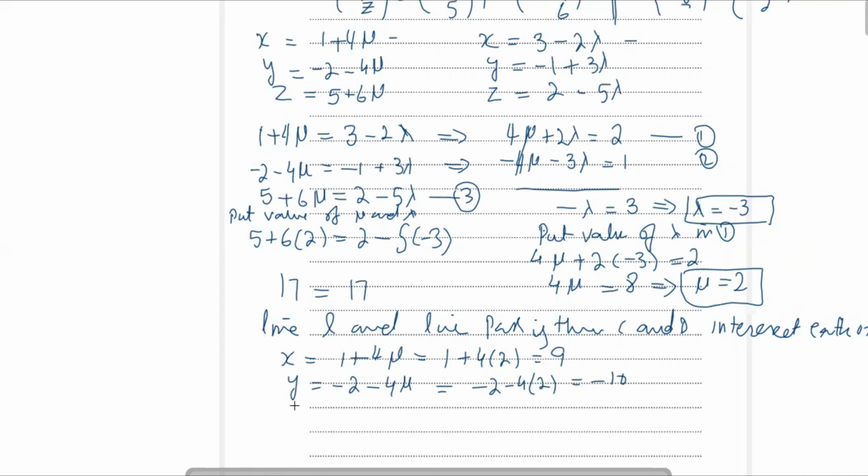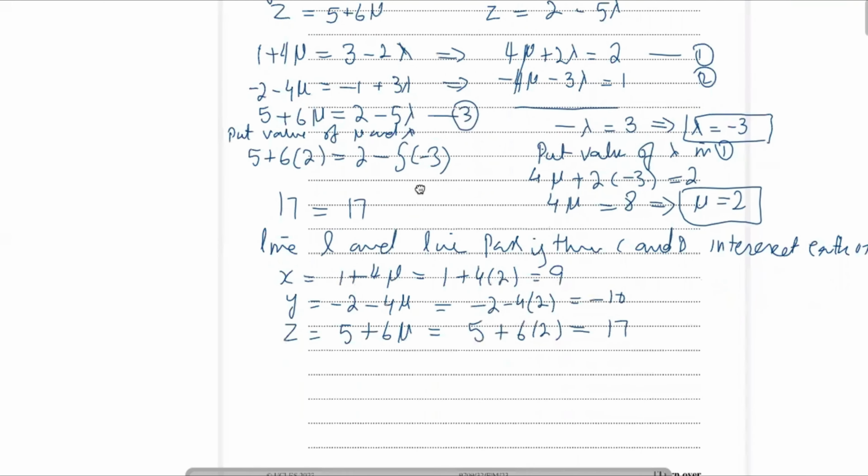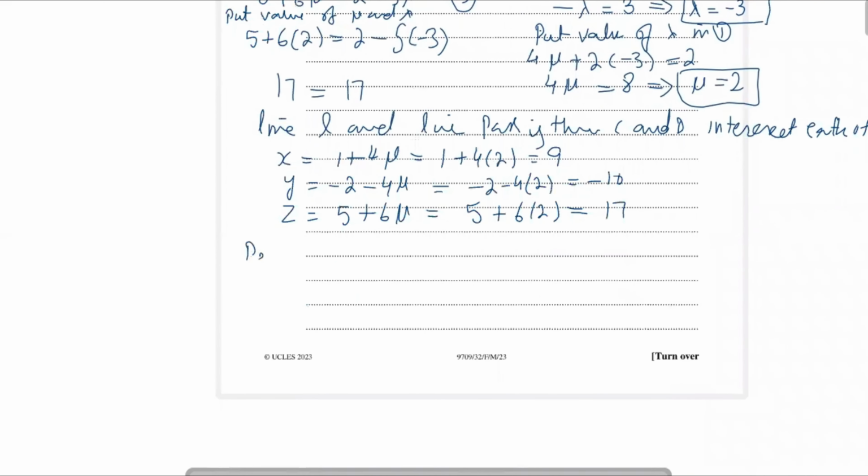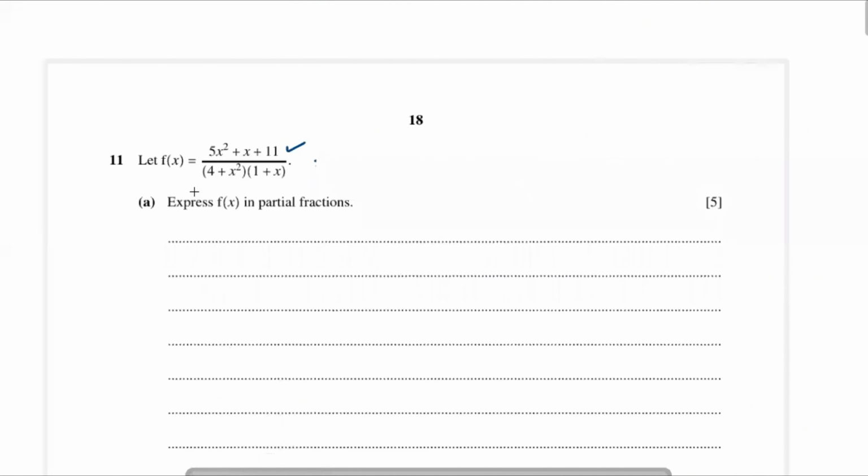And same here, z will be equal to 5 plus 6 mu, and 5 plus 6 into 2. That value will be equal to 17. And the position vector of the point of intersection is equal to 9i minus 10j plus 17k.